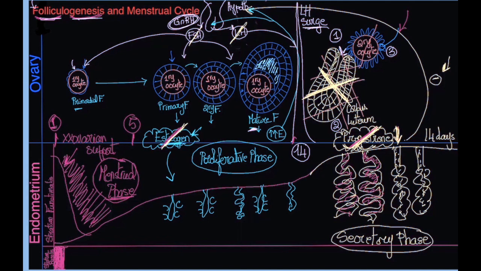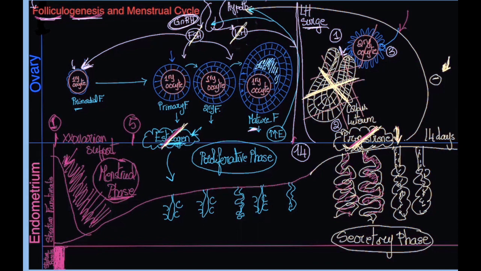FSH will be stimulating another set of primordial follicles to become primary follicles, secondary, for one of them to become a mature follicle, releasing estrogen, enhancing another proliferative phase to take place. Ovulation takes place under the effect of the LH surge, forming corpus luteum, and this will be releasing progesterone another time.